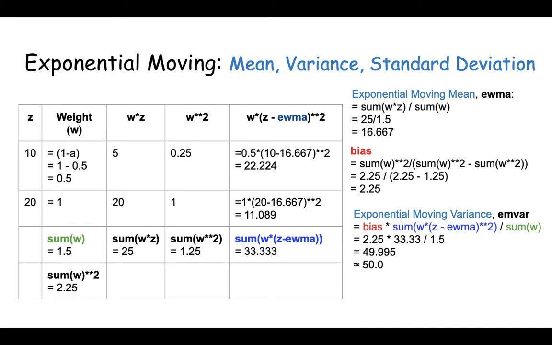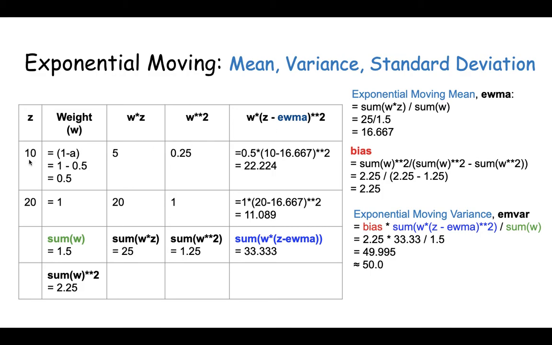or exponential moving variance. And before we do that, we need to compute the values in this last column, which is W into Z minus EWMA, which is the exponential weighted mean, and square of that. So to get that, for the first row, we have 0.5 as the weight, which we calculated here.